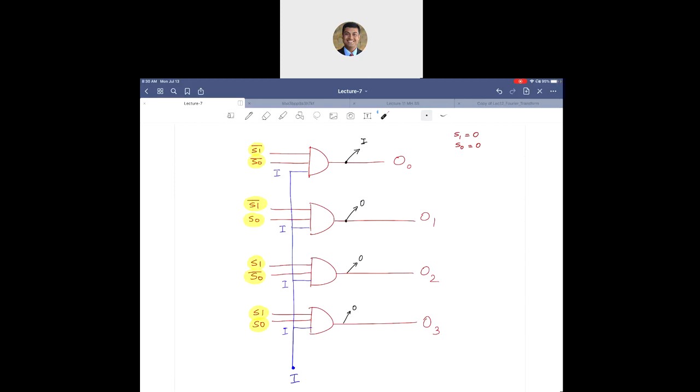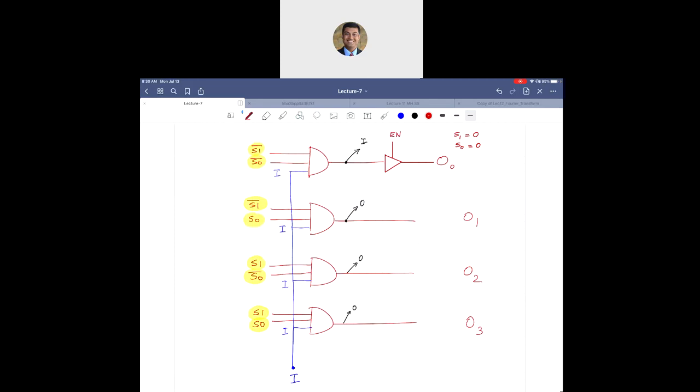So that's how you would implement a simple 1 to 4 demux. Now on top of that, if you had an additional switch here, so let me show you that. If you had an additional switch, and I say this is enable.